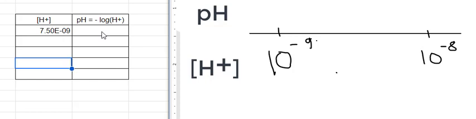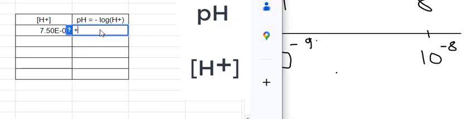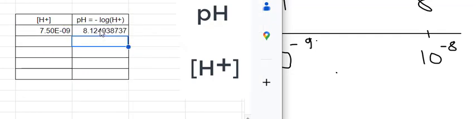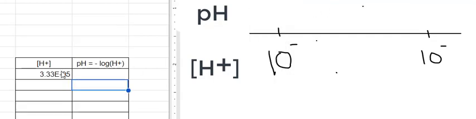So now we can anticipate that our pH value for this H plus value is going to be between 9 and 8. So calculate that. It's 8.12 or 8.125.